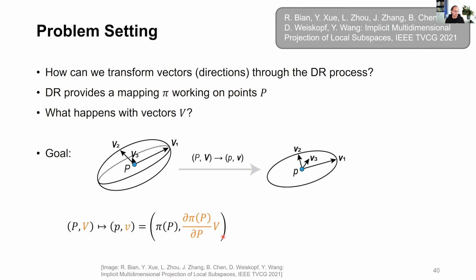Now, the big problem is we usually don't have an explicit formulation of this mapping pi. There are some exceptions. If you do PCA, that's easy. It's a linear operation, so all of these partial derivatives are constant. They can be directly derived from the PCA matrix. But for the typical nonlinear dimensionality reduction techniques, that's not possible.